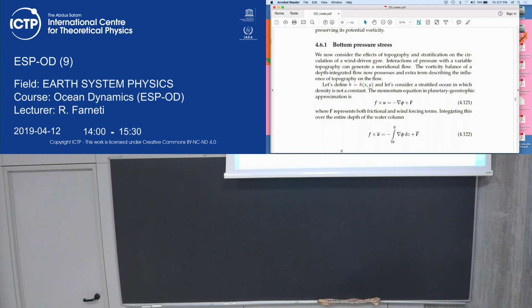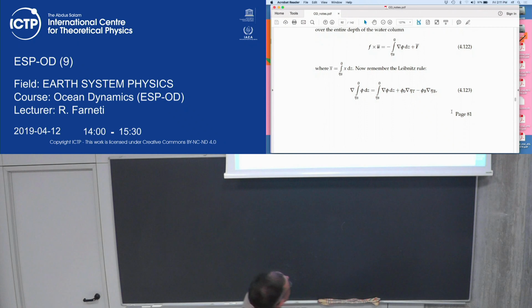Okay, so now we define a topography H, which is a function of space, x and y, and consider a stratified ocean. So there were both the effect of topography and the fact that the ocean is stratified, is not homogeneous anymore. So we took the planetary geostrophic approximations and equations, which are those momentum equations there. We integrated over the vertical, and we got this expression.